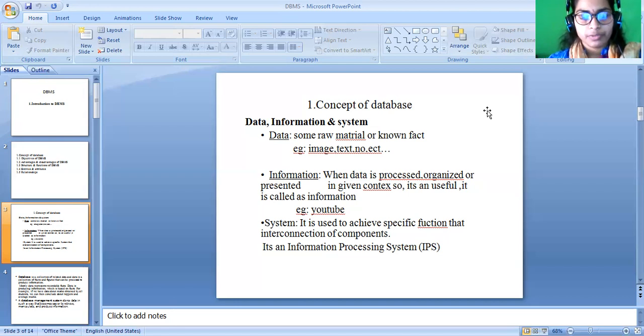Second, information. Information means what? When the data is processed, organized, or presented in a given context, it is useful, so it is called information. Why is information used?